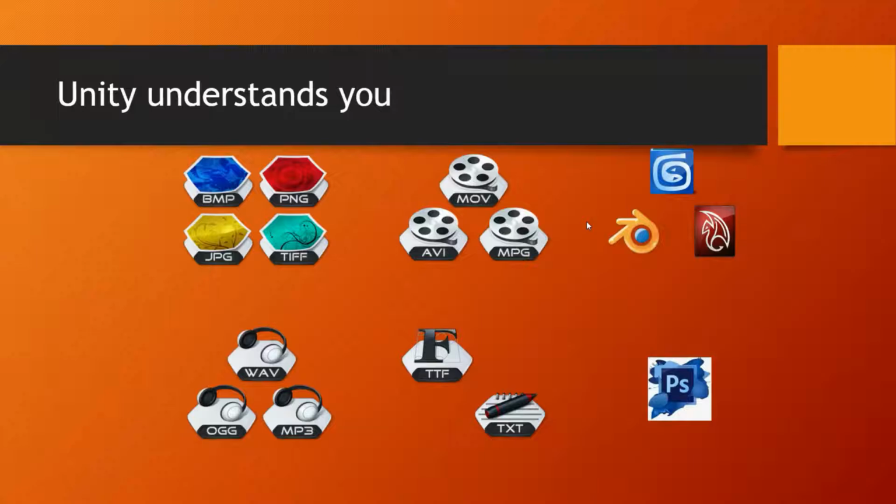Then in terms of 3D modeling, it supports Maya, 3ds Max, and Blender, because in order to create a 3D game, we need to create 3D models. Unity is not a 3D modeling tool or graphic designing tool. You need to understand that, so you need to use other tools for that. For example, if you want to create a sprite sheet or some graphics, you need to use Photoshop or Illustrator-like software. If you want to create a video or trailer, you need to use Adobe After Effects or Premiere.